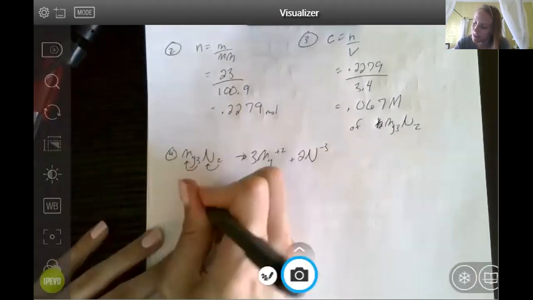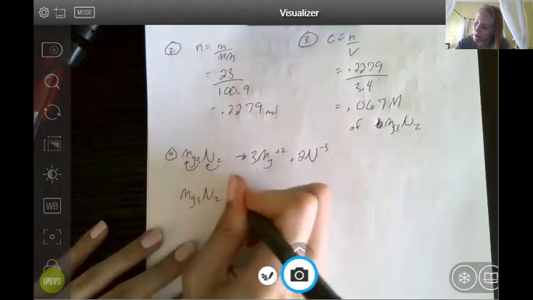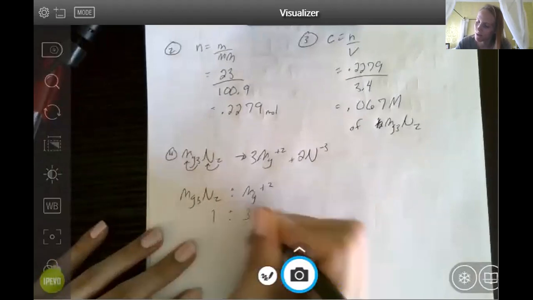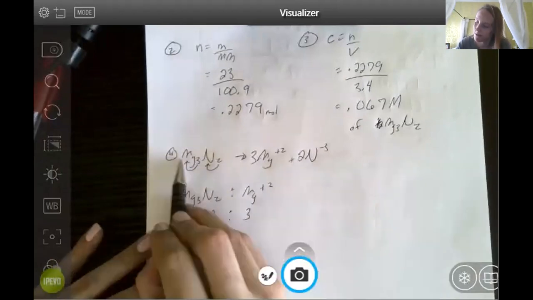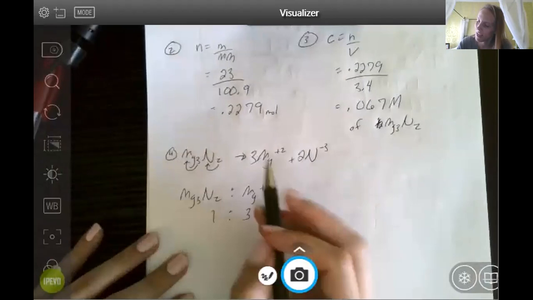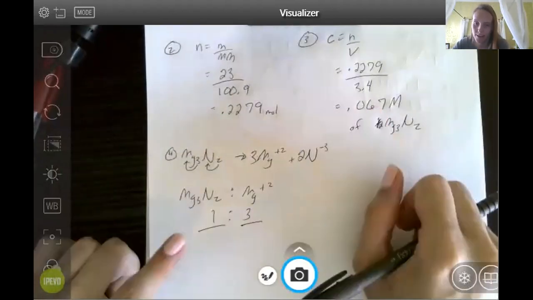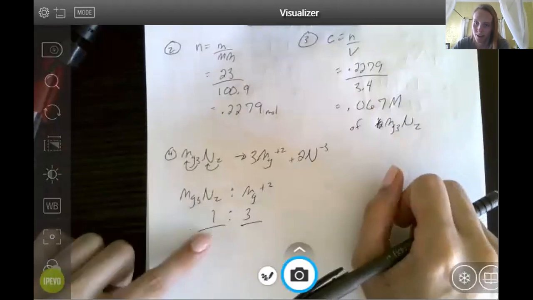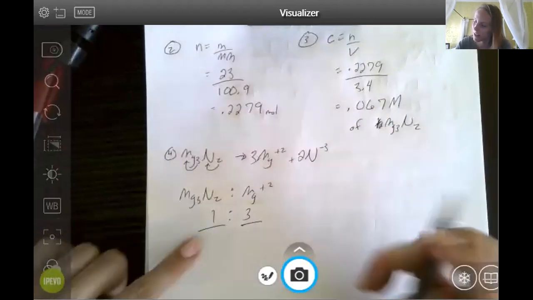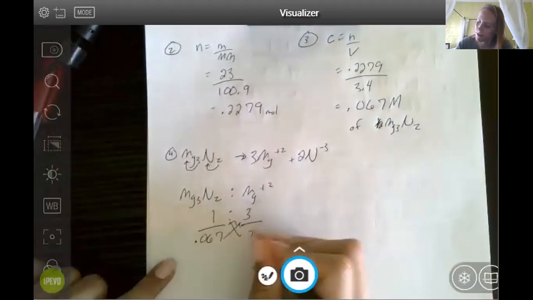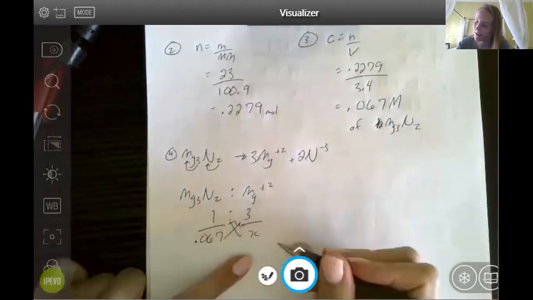So magnesium nitride to magnesium is a 1 to 3, imaginary 1 to 3. I'm going to plug in my concentration right here underneath the magnesium nitride, since it is the concentration of magnesium nitride. So 0.067, and we're looking for the concentration of our magnesium ion.